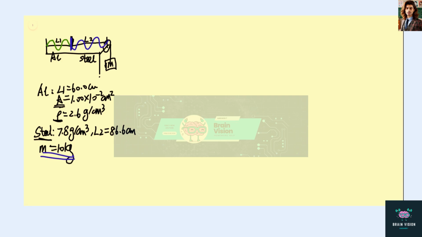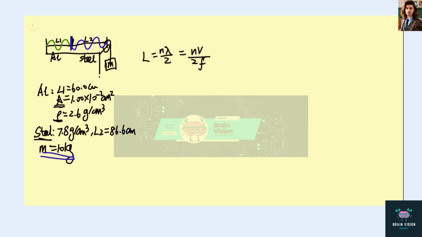And then, how does that velocity connect to the wavelengths? Let's write out L. Let's say it's the length of L1 or L2. So L is lambda over 2 times n, and lambda is V over F.